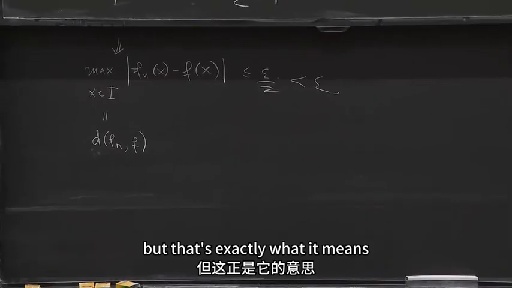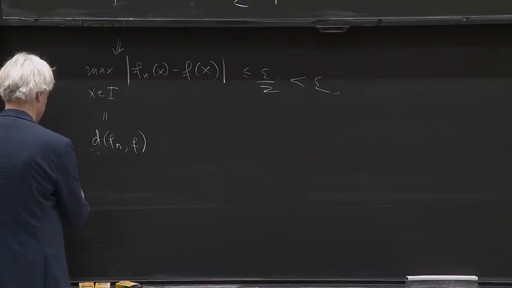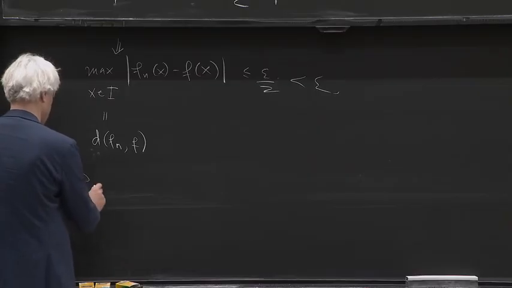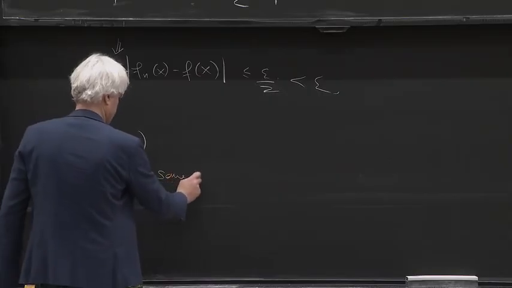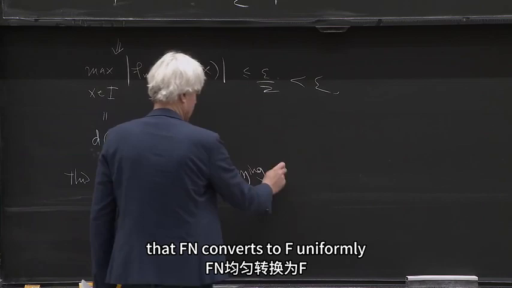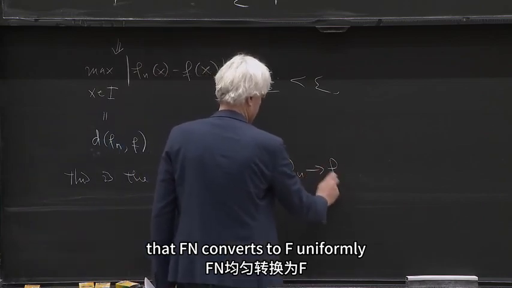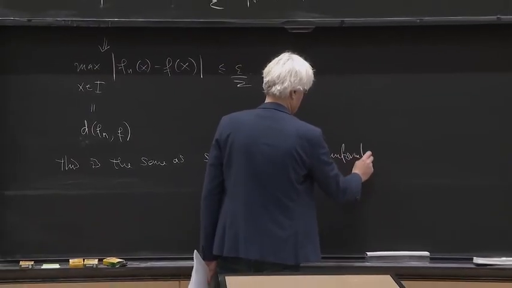But that's exactly what it means for this sequence. So this is the same as saying that Fn converges to f uniformly. Right?